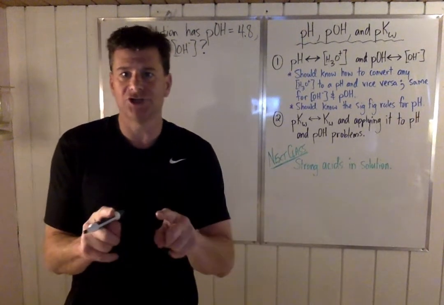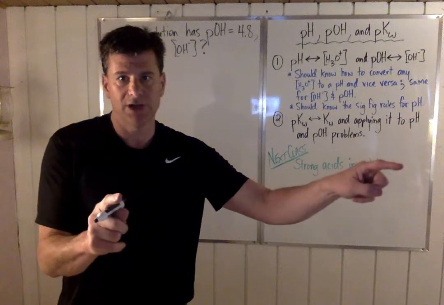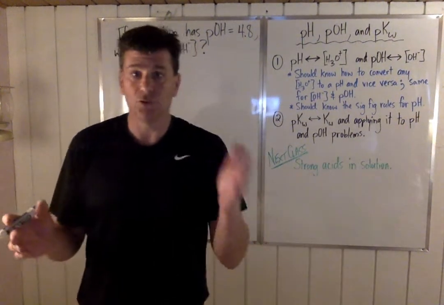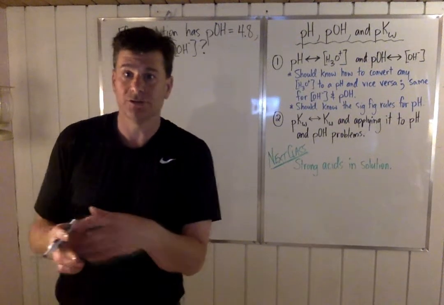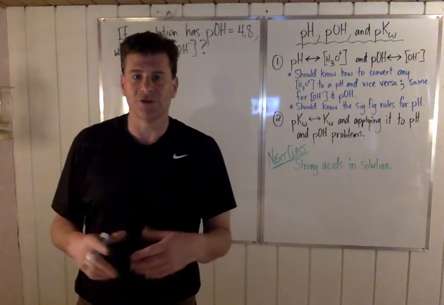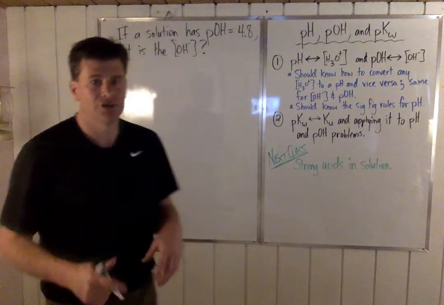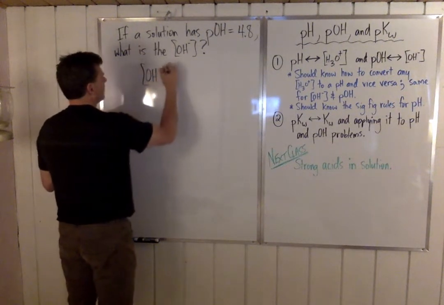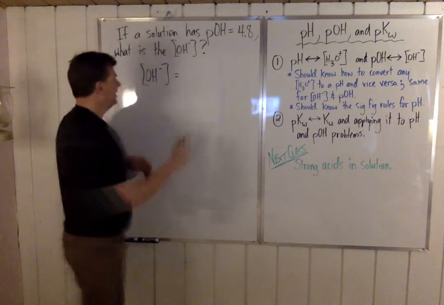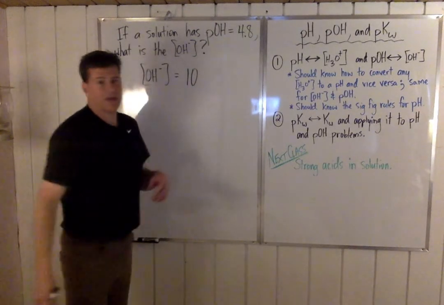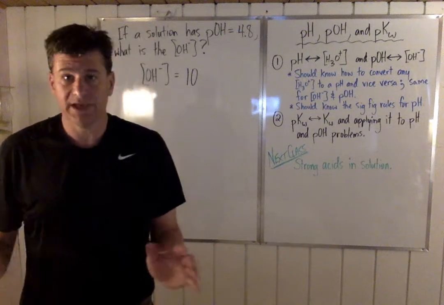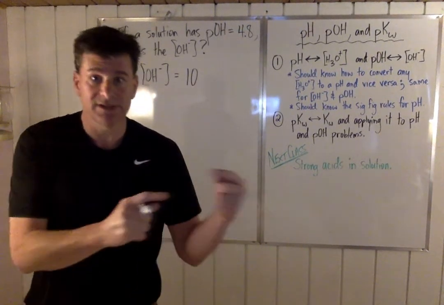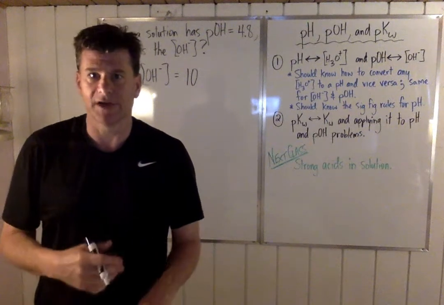So there's a direct relationship between pOH going to hydroxide concentration. The relationship is, if you know the pOH, or you know the pH and asking for hydronium, if you know the pOH, then the hydroxide concentration is going to equal 10 to the power of, and you have to know that all a pH and a pOH are is the exponent on the 10 with a negative sign in front of it.